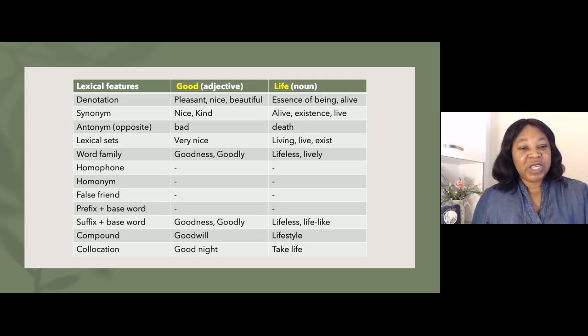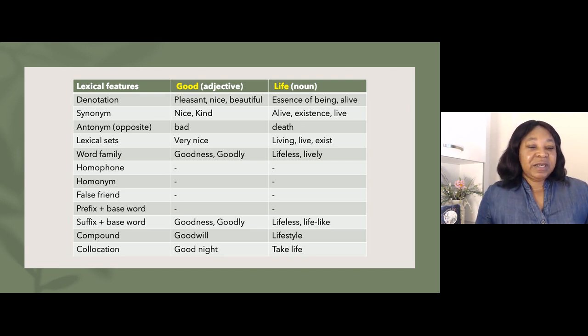So when you're teaching idiomatic expressions, you are at the level of lexis. How rich is the vocabulary of your learner? So I have two words here, and I'm going to just use one. Let's look at the word life. It's a noun. Denotative meaning, it's just being alive. That's denotative. But it could have a connotative meaning, which I did not focus on.